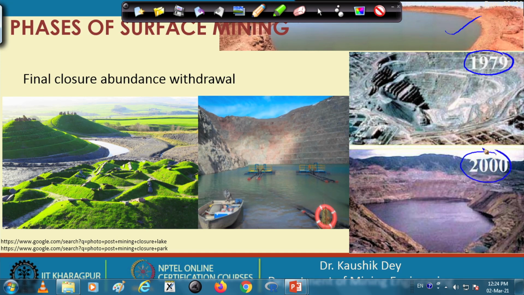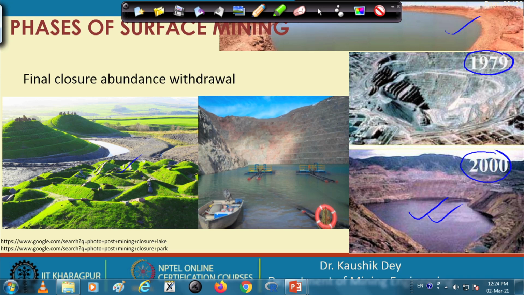This is in 2000, the mine is properly maintained with a slope and acting as a water reservoir. So, this is acting as a water reservoir here. This is converted to a beautiful spot, tourist spot, converted to a beautiful tourist spot.